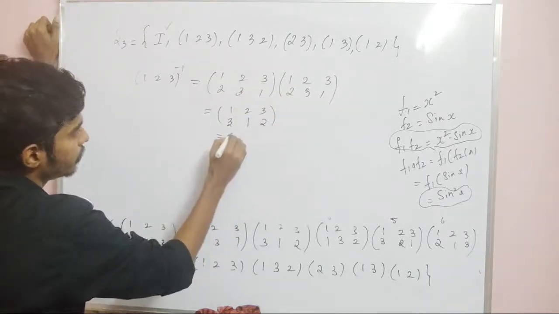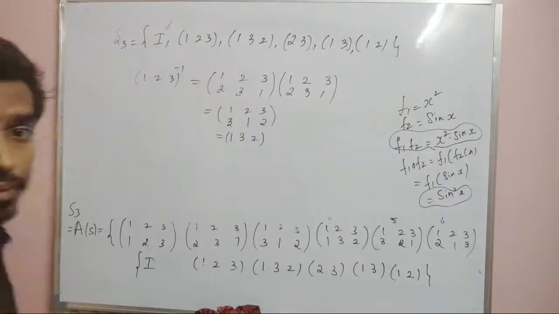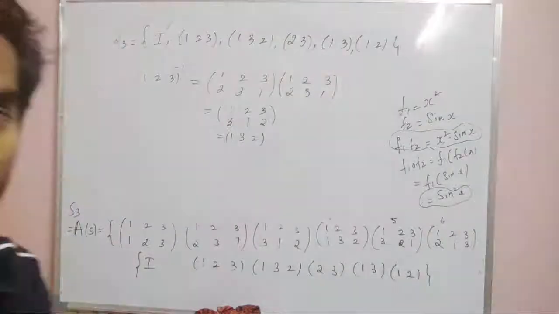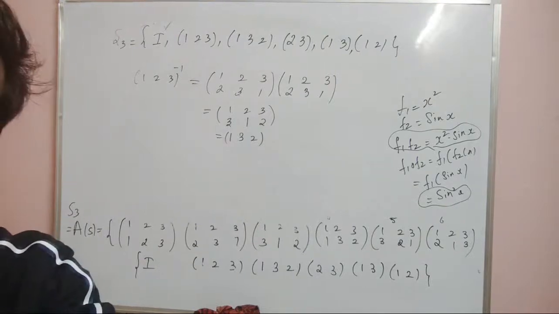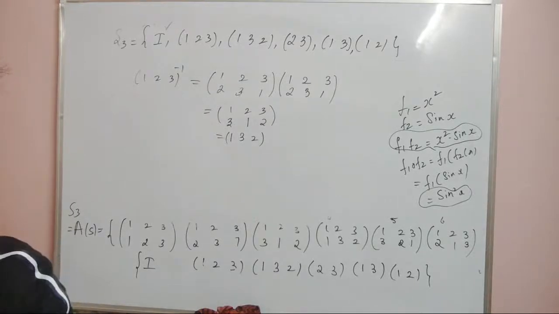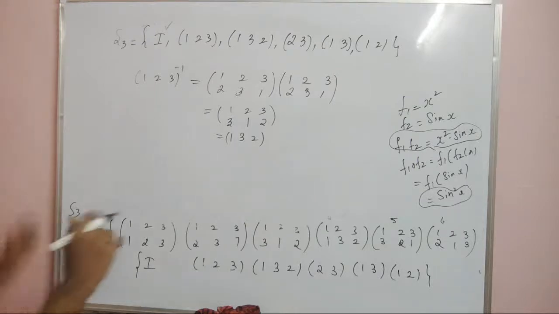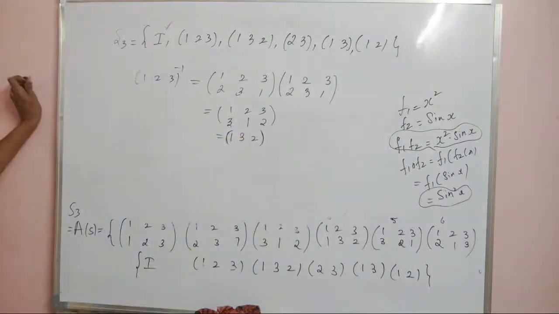So therefore 1 3 2 is the inverse for 1 2 3.